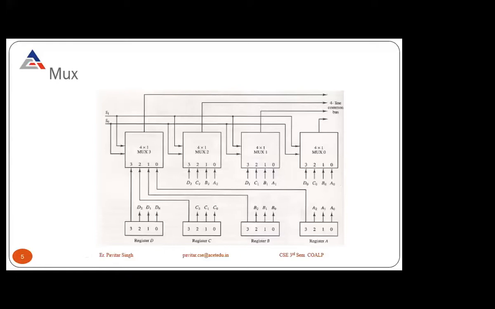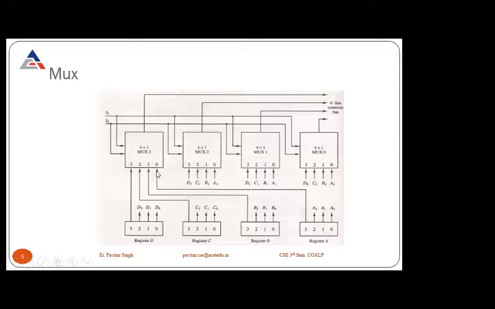Register selected: if the value of S1, S0 is 0 0 to all the muxes, your register A will be selected. A0, if the value is 0, this is your 0, this is your 0, 0 and 0.